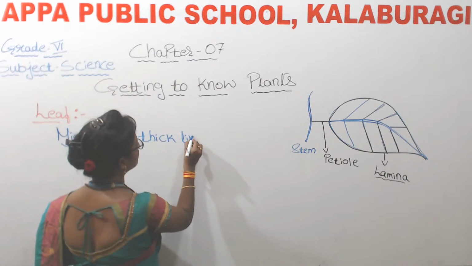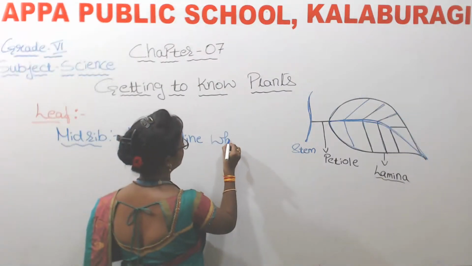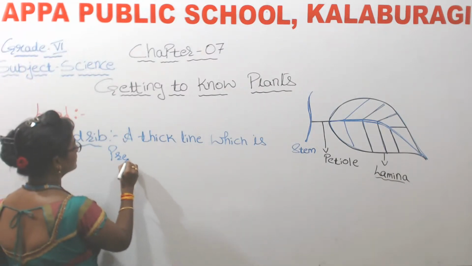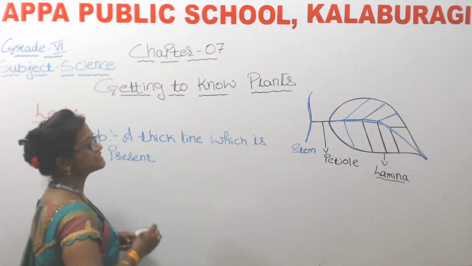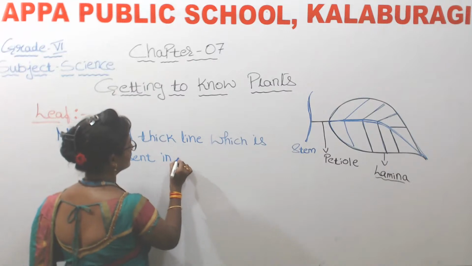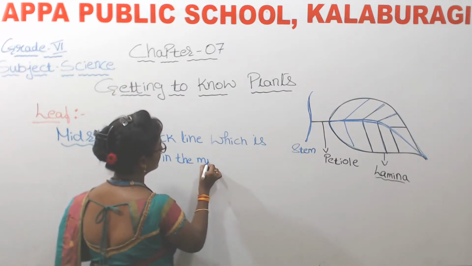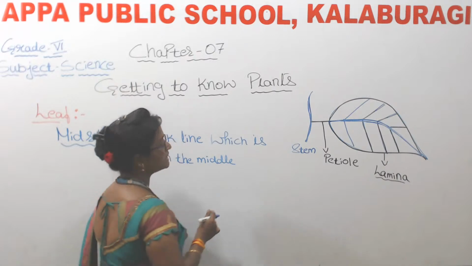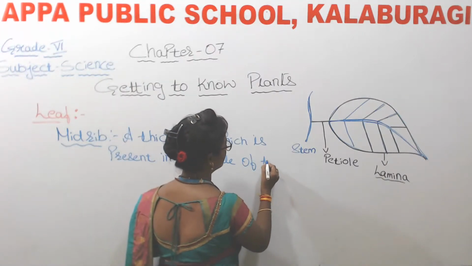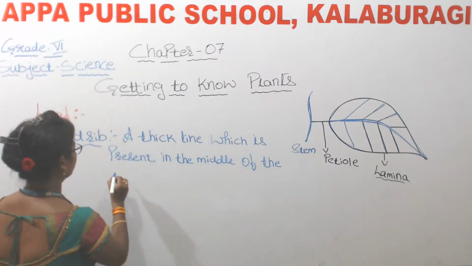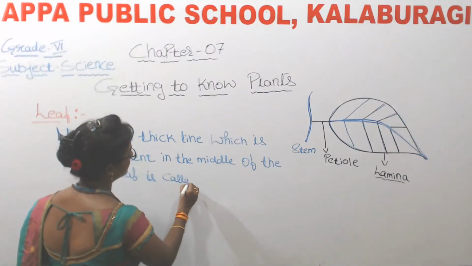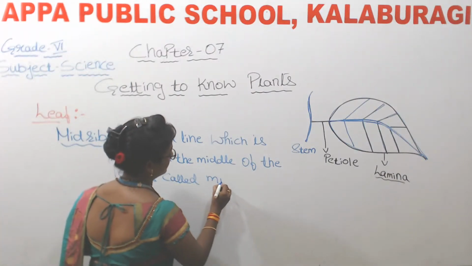A thick line which is present in the middle of the leaf is called midrib.